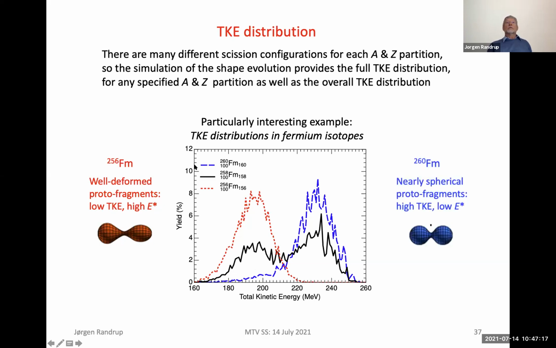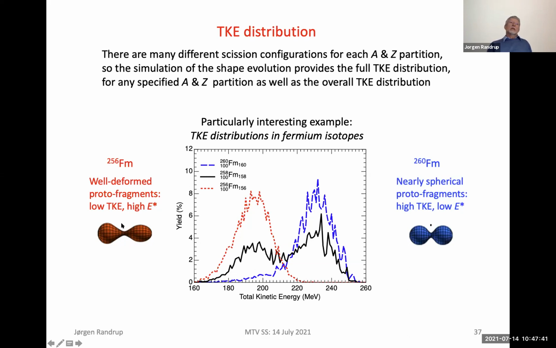For the 260, it's the opposite. Here, the scission configuration typically looks very compact. You get high kinetic energy, the distribution centers out here, you get low excitation. So the landscape has different ways you can go. And for this one, it likes to go over a saddle that leads down a valley like this.